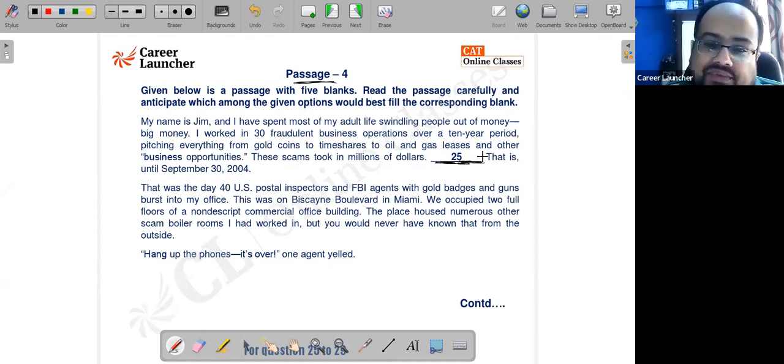So basically, it is a fill in the blanks exercise, just that this is not a vocabulary exercise. This is a comprehension exercise. So for the 25th question, from those 4 options, you have to identify which the best option is over here.